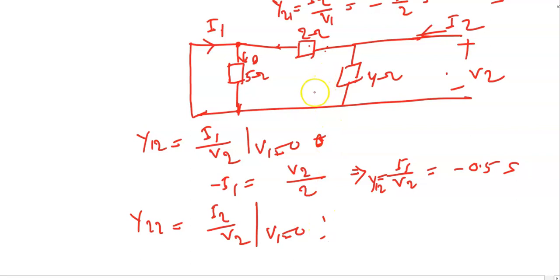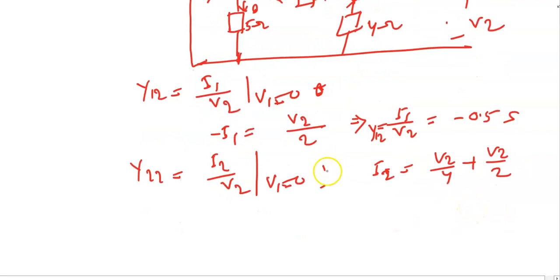Already we have set V1 to 0. Now look at how you can calculate I2 upon V2. You can easily say that I2 is equal to this current and this current. So I2 will be V2 upon 4 plus V2 upon 2, that means 3 upon 4 V2.